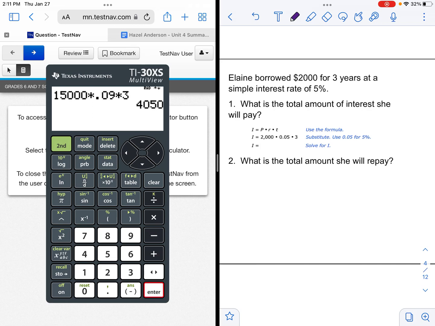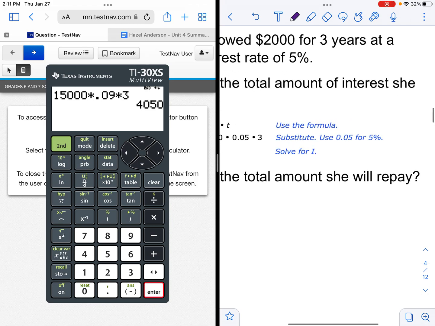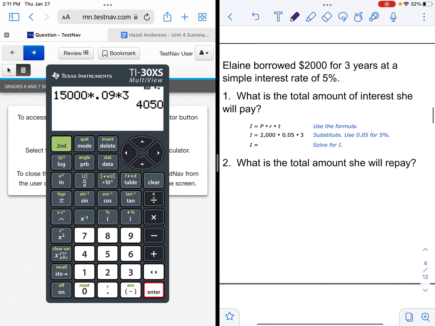So here we go. Elaine borrowed $2,000 for 3 years at a simple interest rate of 5%. You can see I've already turned that 5% into a decimal. So $2,000 is the principal, the rate is 5%, or 0.05, and it's for 3 years. Let's take our calculator: 2,000 times 0.05 times 3.